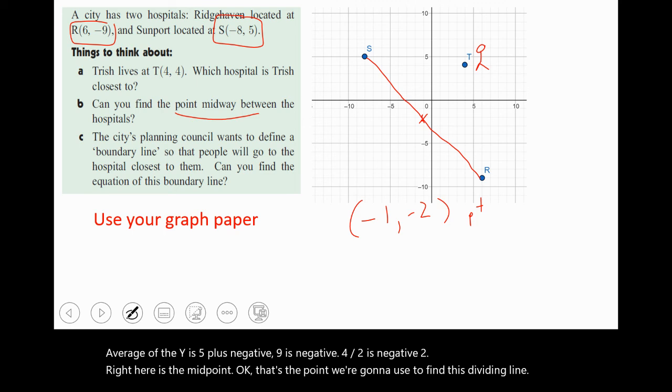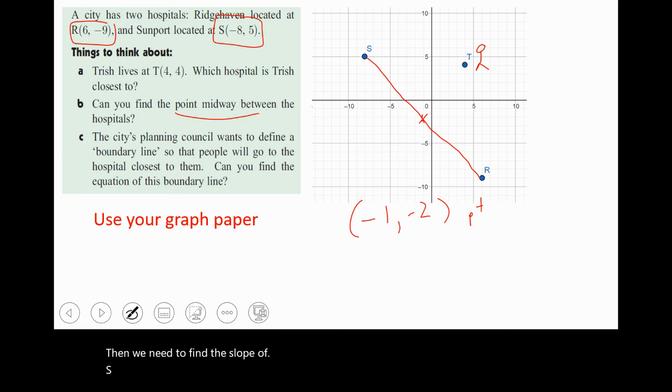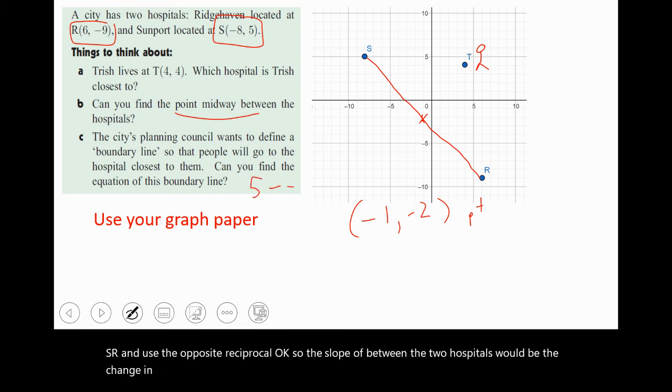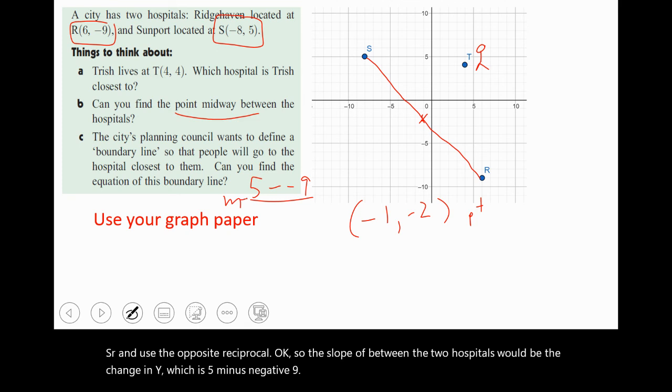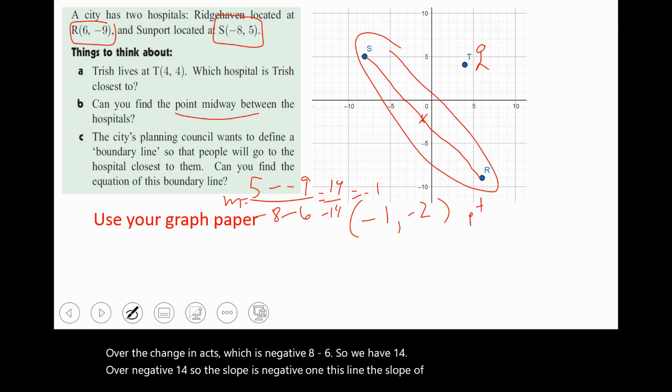Then we need to find the slope of SR and use the opposite reciprocal. Okay, so the slope between the two hospitals would be the change in y, which is 5 minus negative 9, over the change in x, which is negative 8 minus 6. So we have 14 over negative 14. So the slope is negative 1. The slope of this line is negative 1.